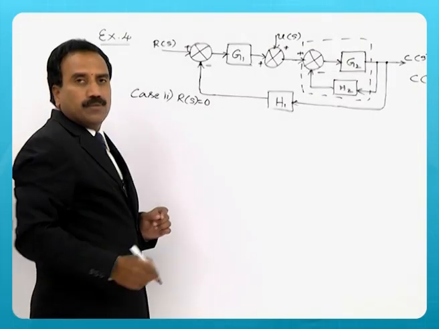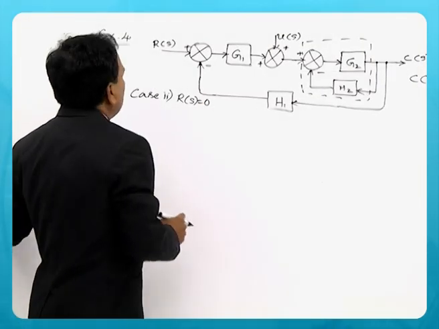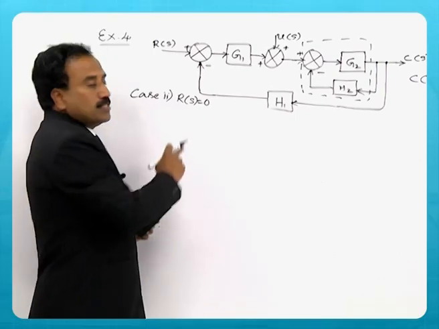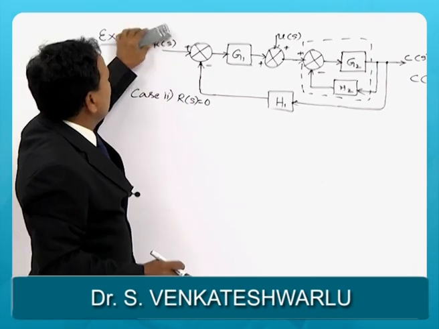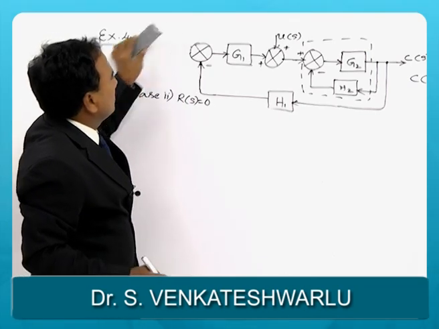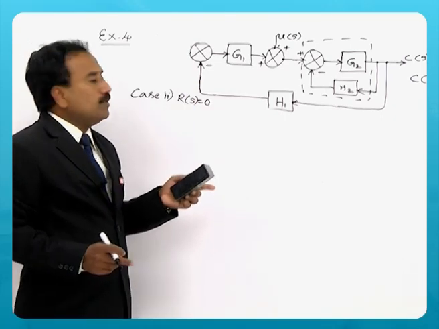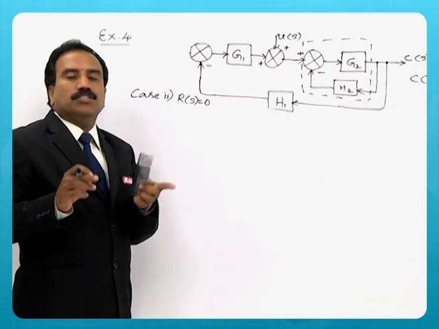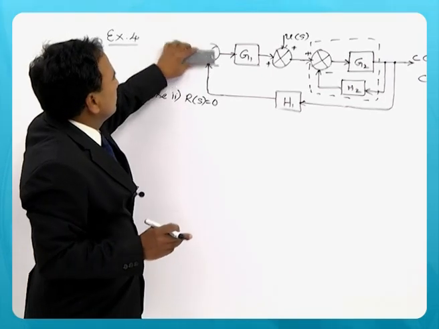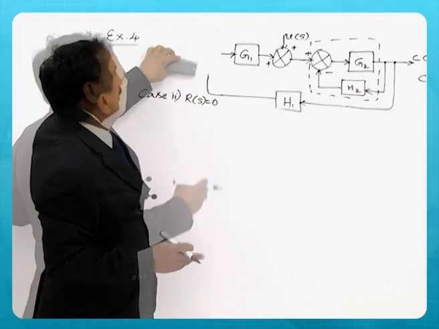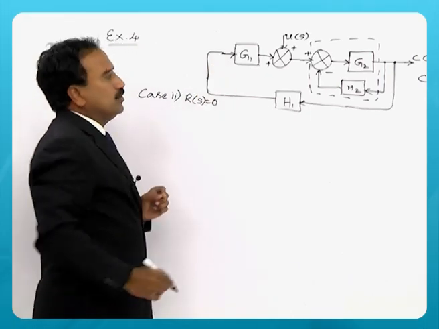Make R of S 0 and then consider U of S. So what will happen here, when you make R of S 0, this summing point has got no meaning because there is no signal, so the summing point has got only one input now. A summing point is meant for addition of 2 or 3 signals. So no R of S here, so the summing point has got no meaning. So this H1 can be directly connected to G1.